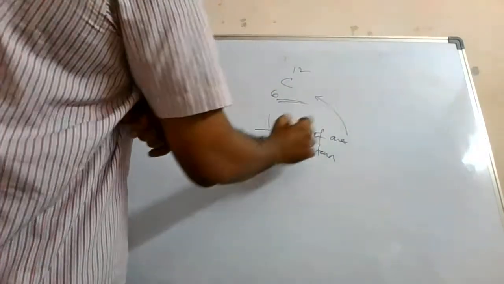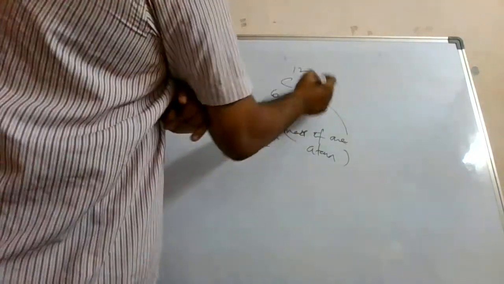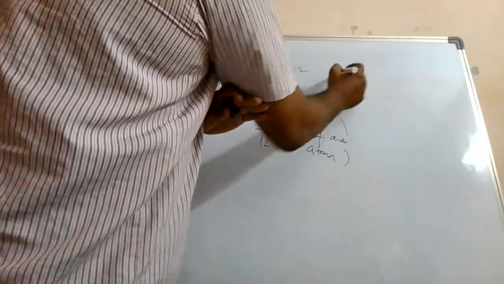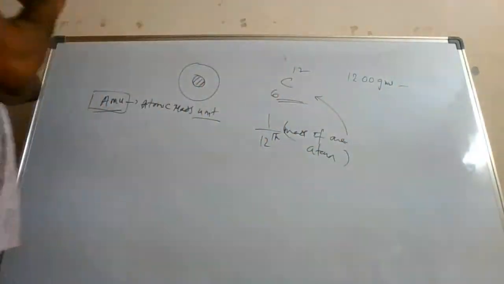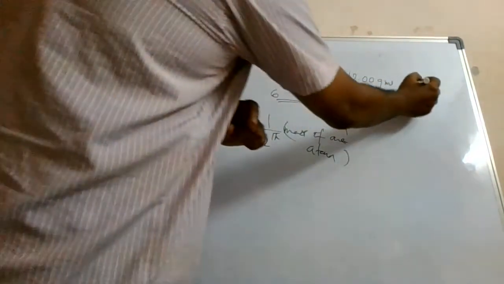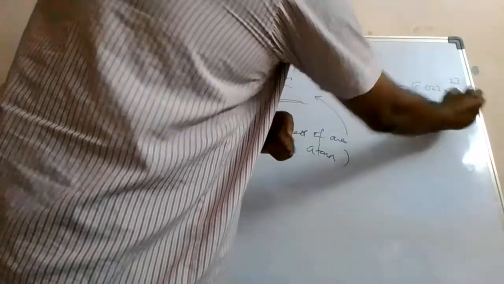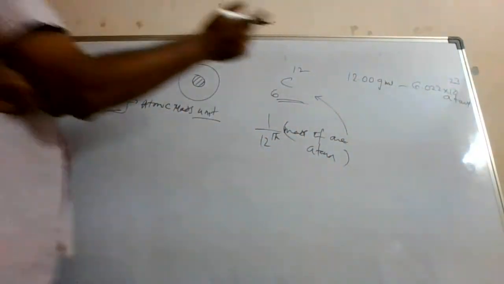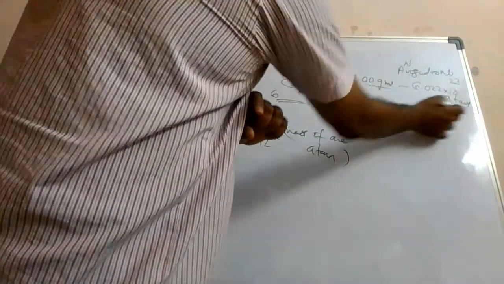Actually, theoretically, if you take the molar mass concept, exactly 12 grams of this isotope will have how many atoms? Avogadro number, 6.022 into 10 to the power of 23 atoms. So exactly 12 grams have these many atoms.